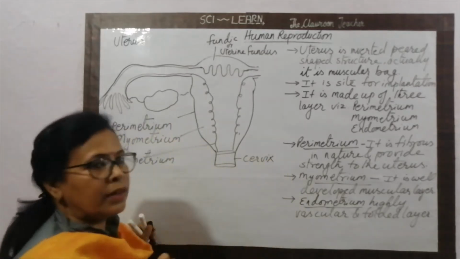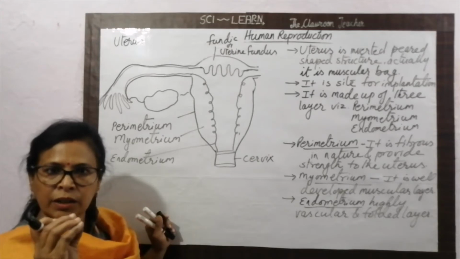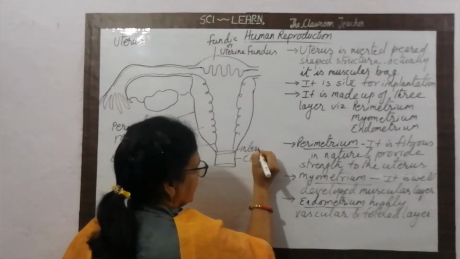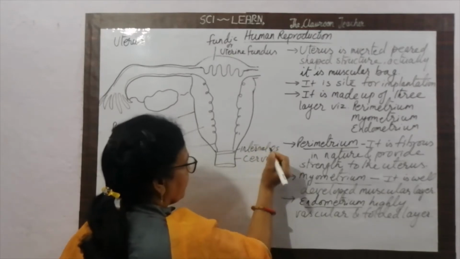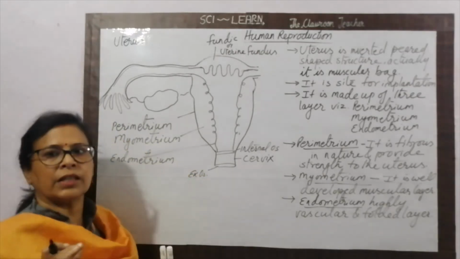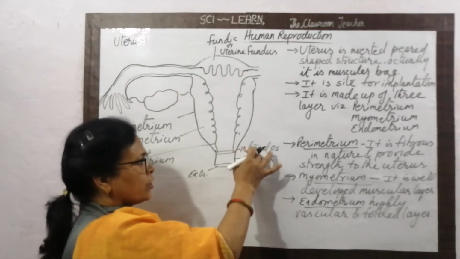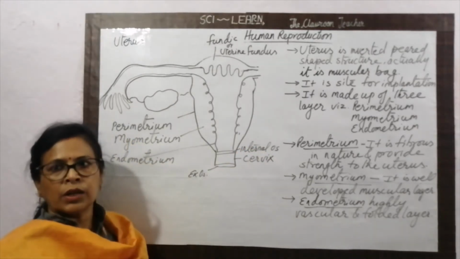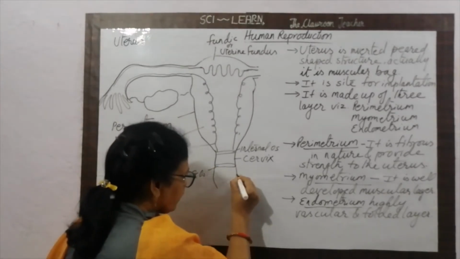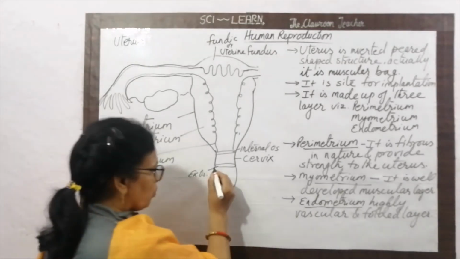The cervix has 2 parts, called the internal os and the external os. The cervix is a tube-like structure composed of these 2 parts, the internal os and the external os. The cervix opens again into a tubular part, and this part is called the vagina. It opens here.